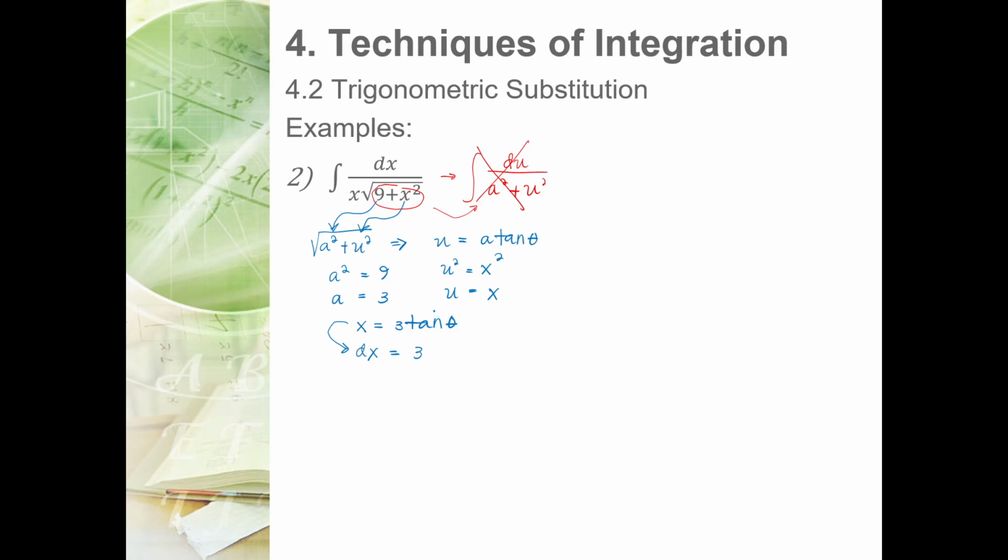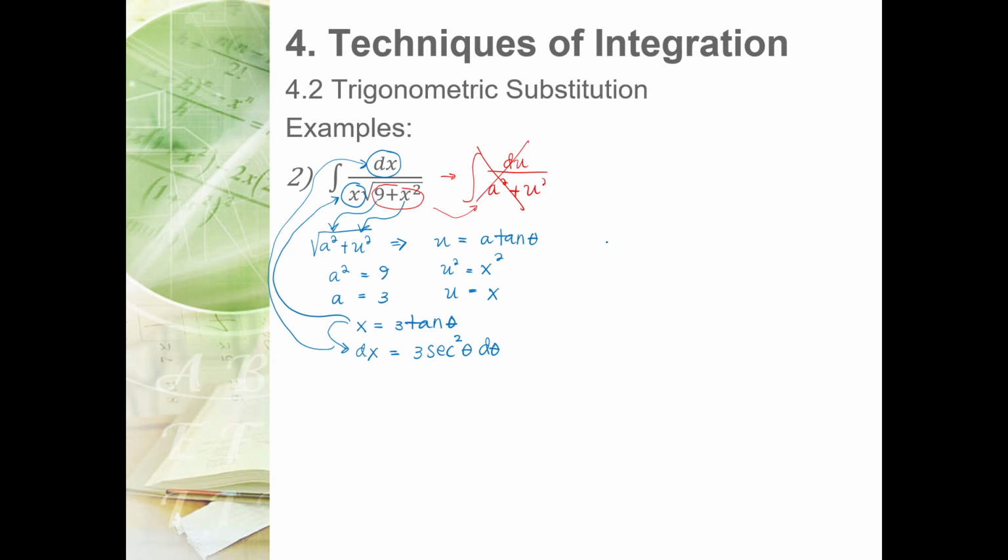The derivative of tangent is secant squared, so secant squared theta d theta. Notice that we can replace dx here with 3 secant squared theta d theta, and we can replace the value of x here with 3 tangent theta.